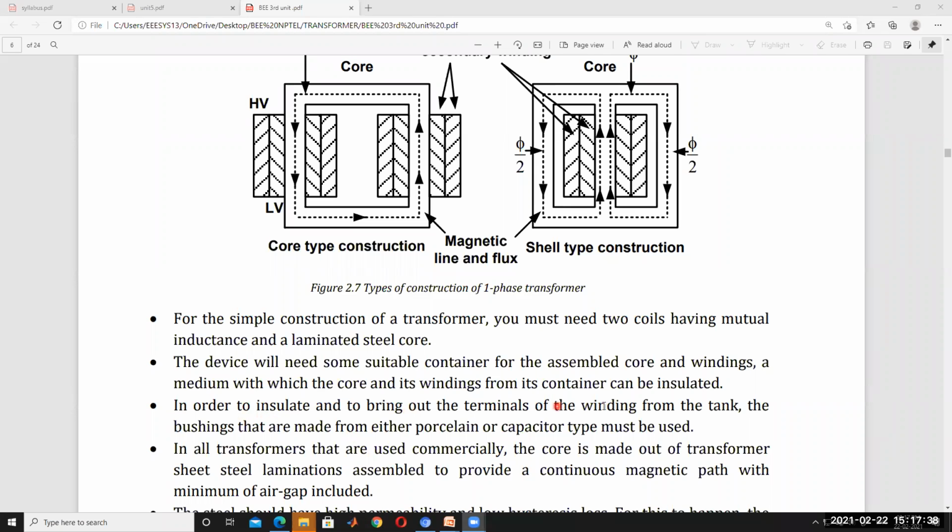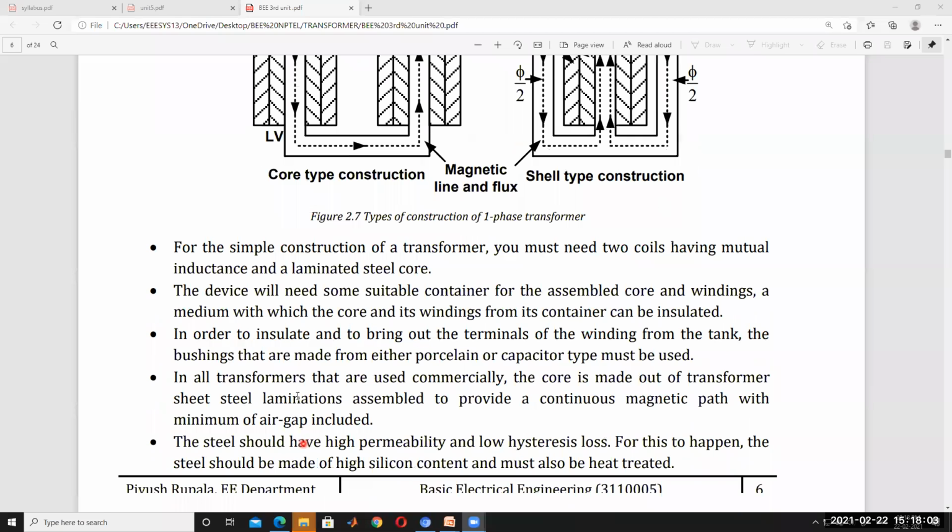So the windings are connected to the outside of the transformer through the bushings from the tank. This is a complete transformer placed in one tank, one container, which is filled with oil.